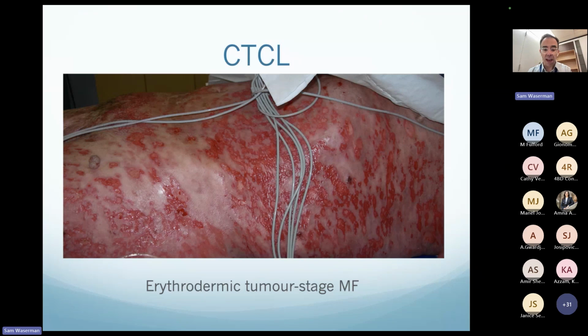This is one instance that we saw. This is not from Hamilton Health Sciences. We saw this at Sunnybrook during residency. This is erythrodermic tumor stage MF, and you can actually see the tumors here. This is a patient who was sent initially who had biopsies reading psoriasis or what have you.